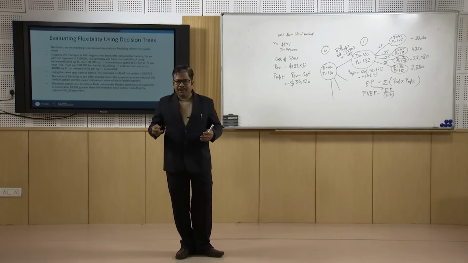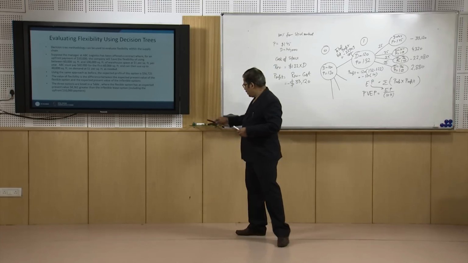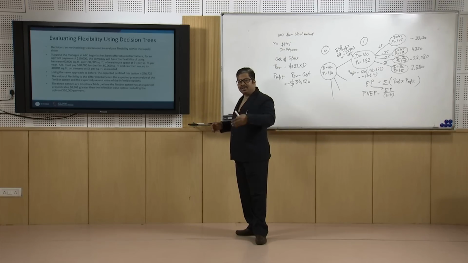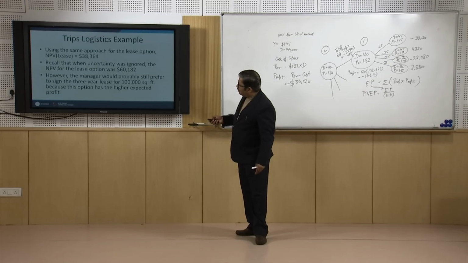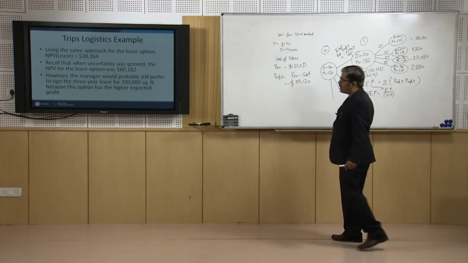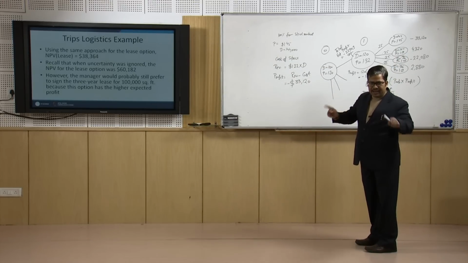So therefore, in this particular case we need to be able to use the available space on a flexible basis, and only then is the usage possible. Why am I saying that? If you go to this particular example, when you develop this type of calculation for the lease arrangement, I am taking 100,000 area for my lease arrangement.